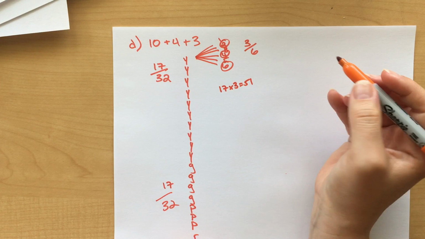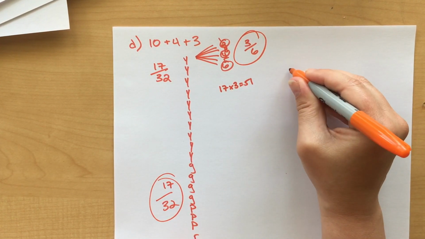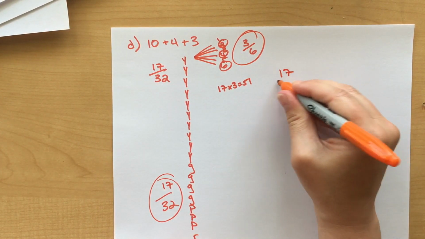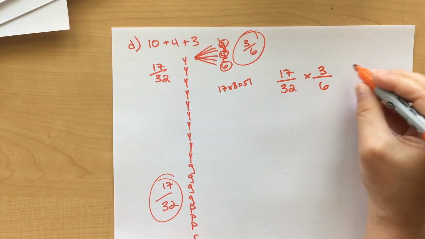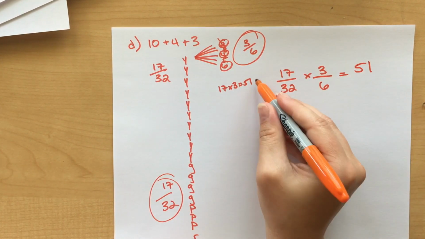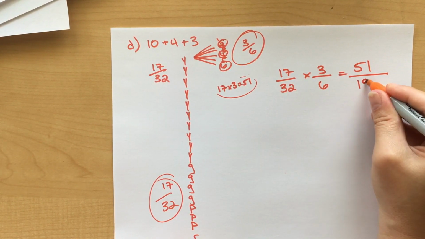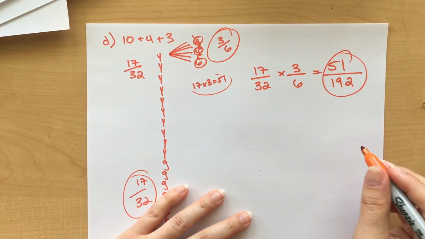Okay, but what we're actually going to focus on is multiplying those 2 fractions to figure out how many exact possible outcomes there are. So 17 over 32 times the 3 over 6. That's going to give us the 51, right, which is what we said we were looking for. And then it's going to tell me how many possible things could happen, though. So 51 out of 192.